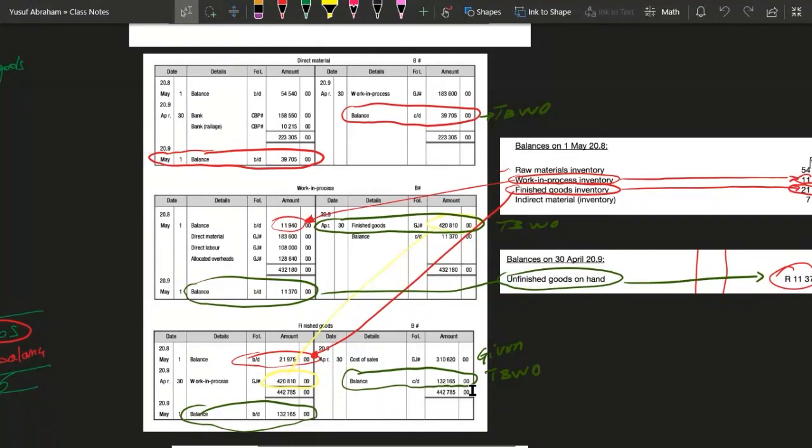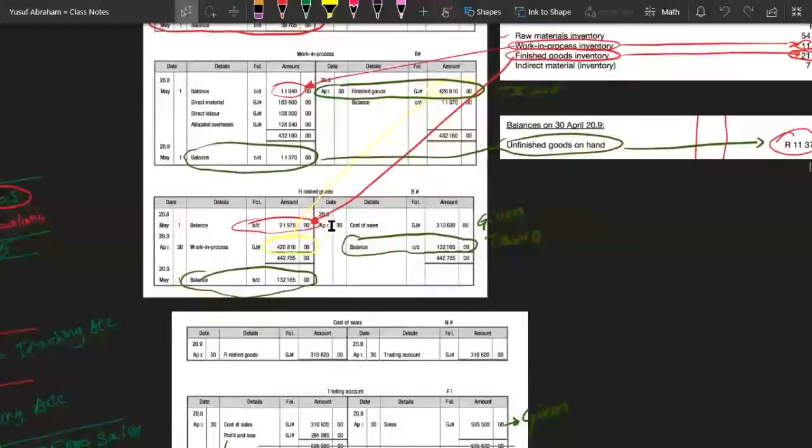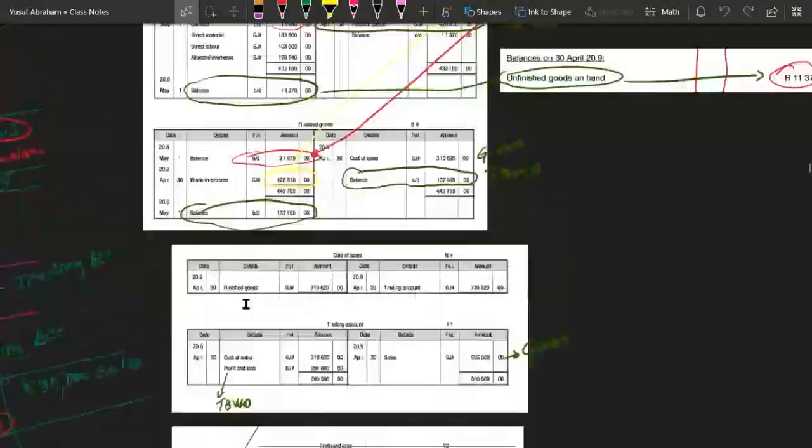Easy there, right? But the purpose of this is to show you that from the finished goods, we go to the cost of sales. On this side of the cost of sales, you have what came from the finished goods. It means that these are the products that were finished and also sold. But there are also products that were finished but not sold.